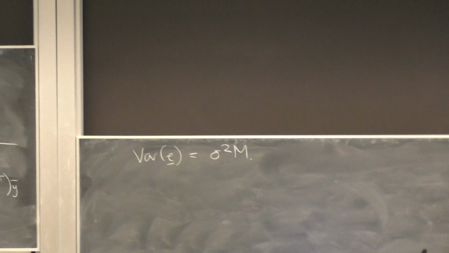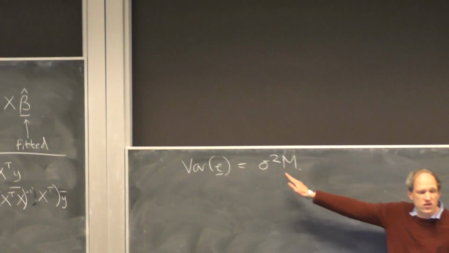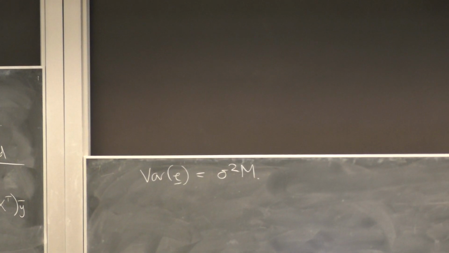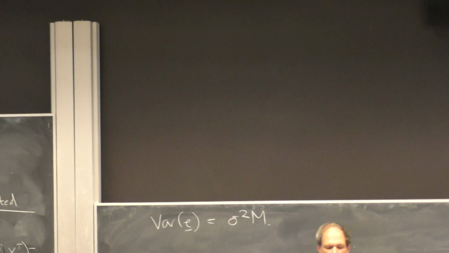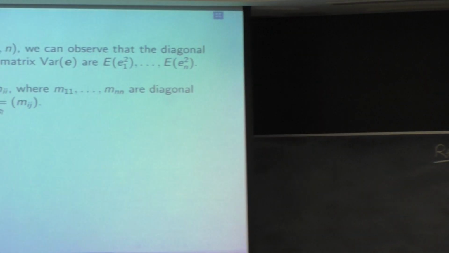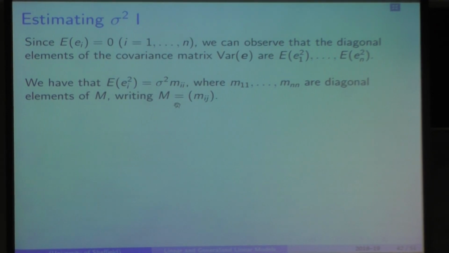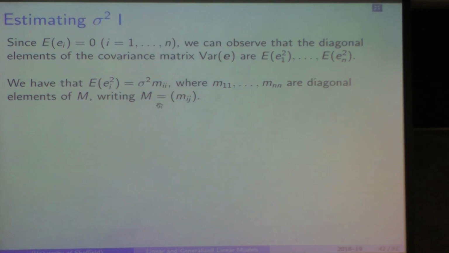Okay? Now, because we know that the variance matrix of E is sigma squared times M, that means that the variances, which are the expected squares of the residuals, are sigma squared times the diagonal elements of M. So the expected value of the square of the ith residual is sigma squared times m_ii, the ith diagonal element of M.